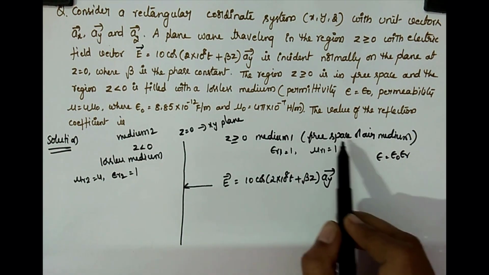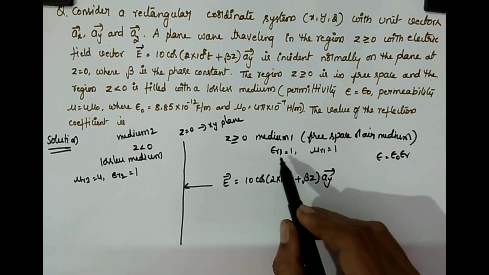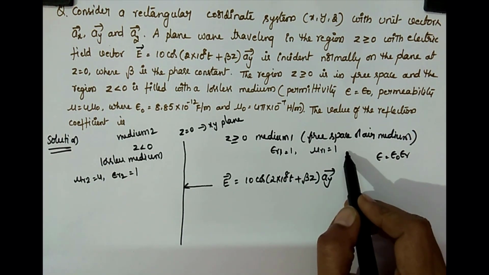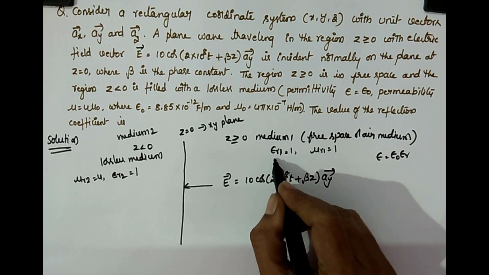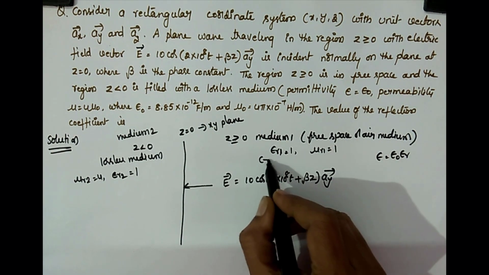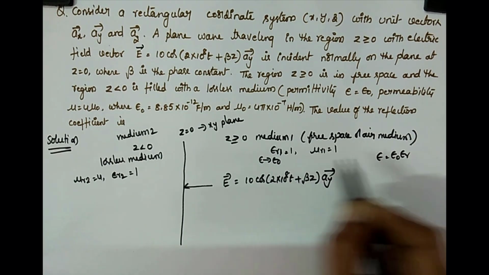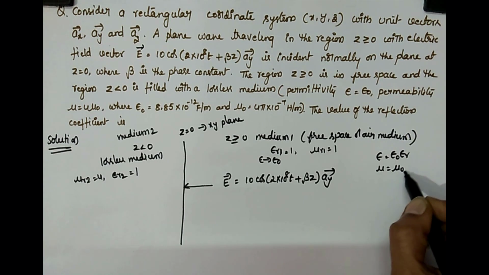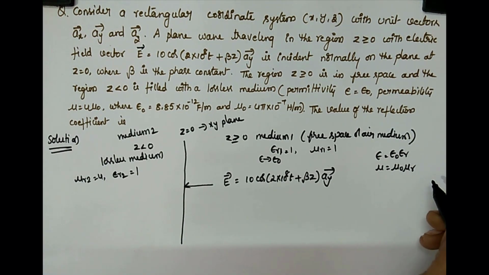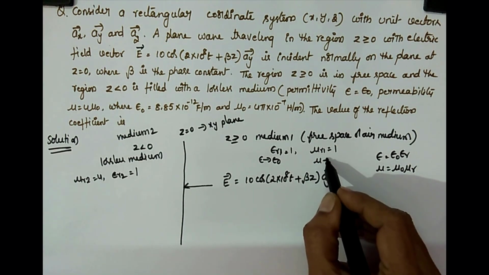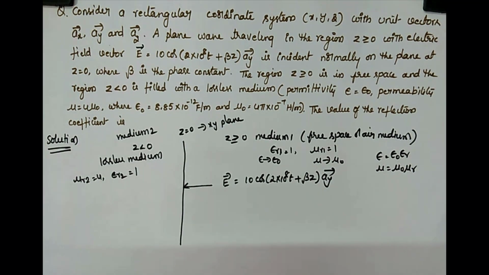For medium 1, which is free space, εr1 is 1, so ε is ε0. In the same way, permeability is μ0 μr, and for free space μr is 1, so the permeability becomes μ0.